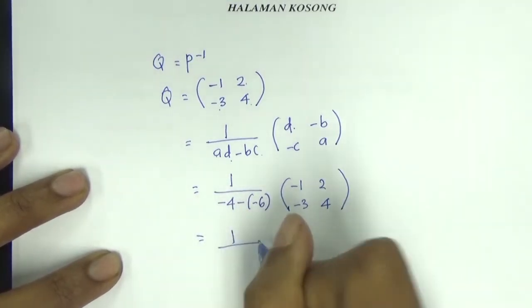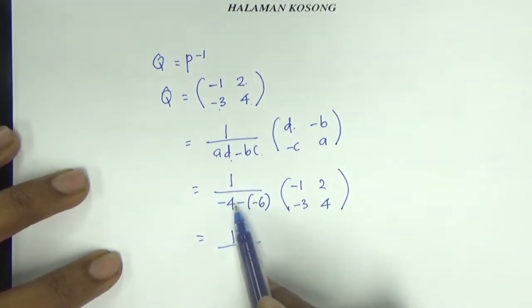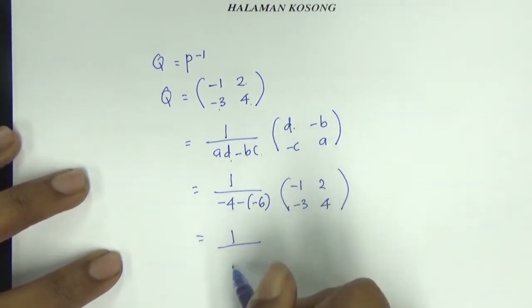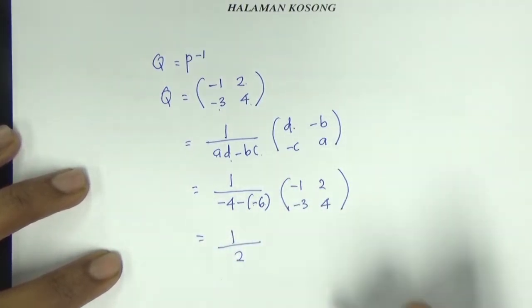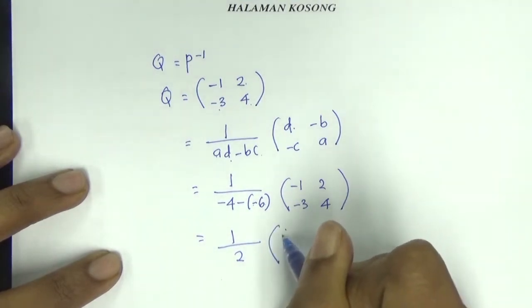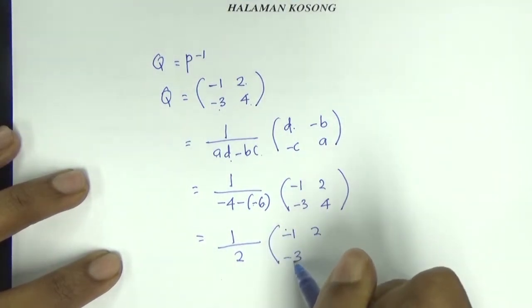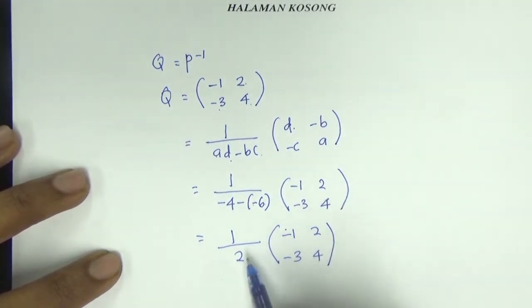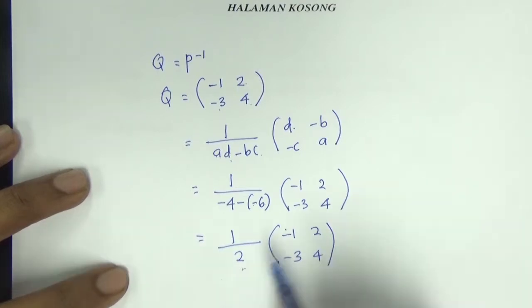Okay, so 1 over negative 4 minus negative 6, so we will get 2. Then negative 1, 2, negative 3, 4. So we already know what the answer for M is, right?